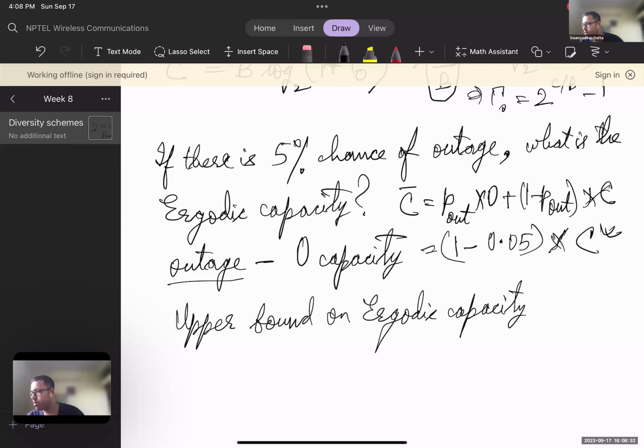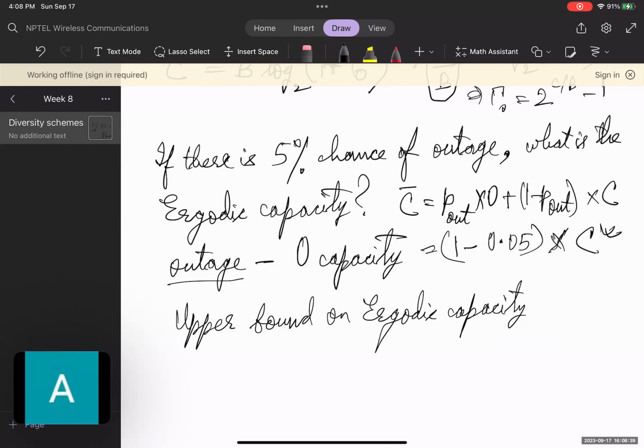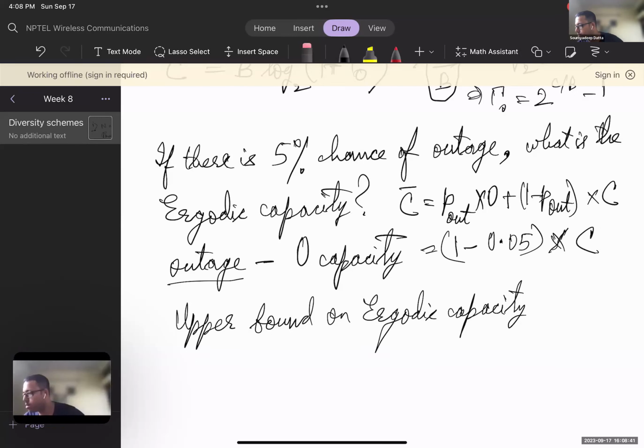It's not C raised to the power, it's just a C. So you understood there is no power. Sorry, there is no power. I'm just saying that this is the C that you already know the value of. Okay. It is not a power.